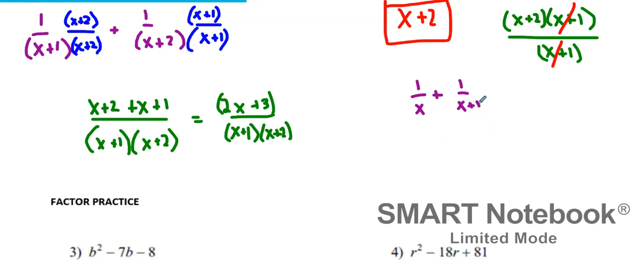This one, if you worked it out, the common denominator, the LCD, when we get done, is going to be something over x times x plus 1. You don't have to multiply it out, x squared plus x. x times x plus 1. So this one, I'm going to have to multiply by x plus 1 over x plus 1. This one, I'm going to have to multiply by x over x.